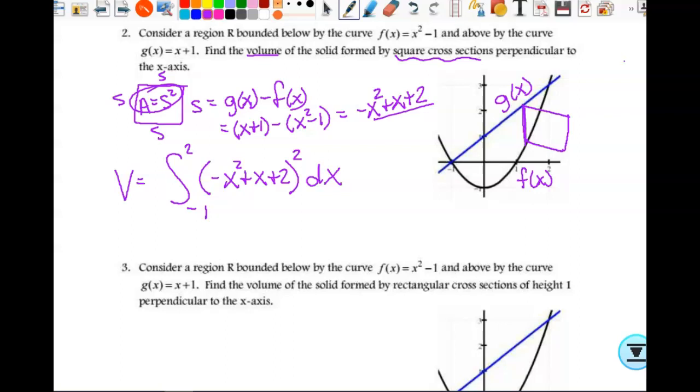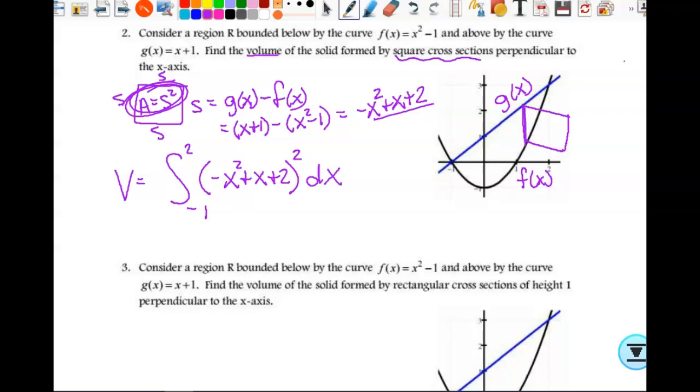Everybody with me? Do we understand why we did what we did? Are we going to do the same thing when we get to the rectangle and the semicircle and the equilateral triangle? Not the exact same thing. Same concept, but this is going to look different because this is going to be different. You with me on that?